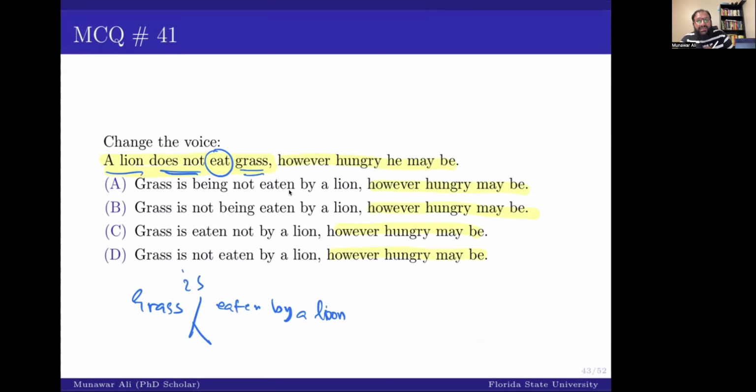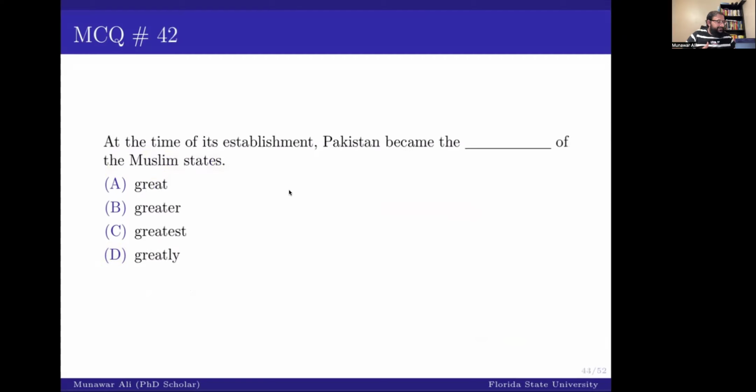Grass is eaten by a lion. But since the sentence is negative because a lion does not, the sentence should be: the grass is not eaten by a lion. So the correct option is option D. So these are certain rules that you should remember when you are changing from active voice to passive voice.